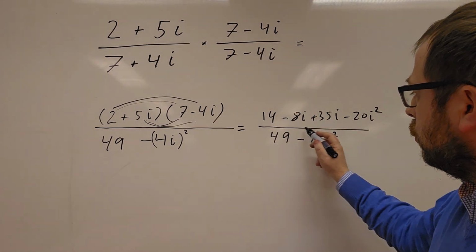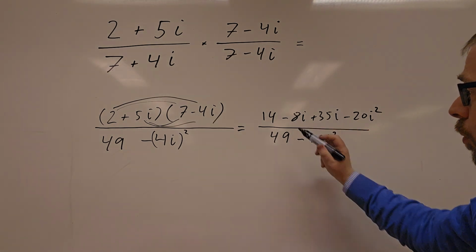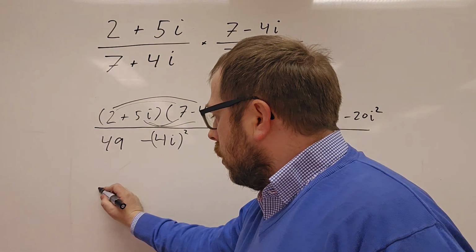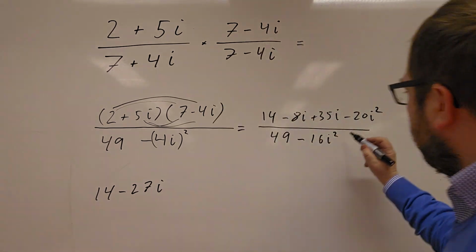Starting with these two terms, they're both imaginary terms, and as such we can just merge them. So 35 minus 8 is 27, so it will be 14 plus 27i. But what about this one?